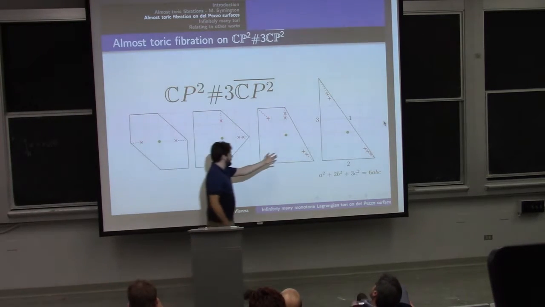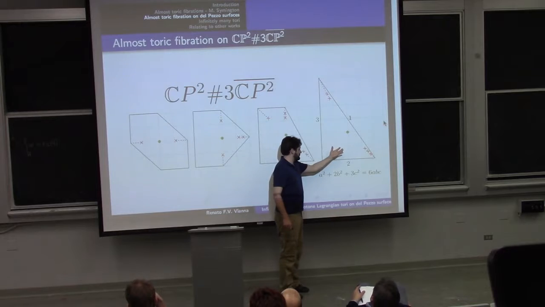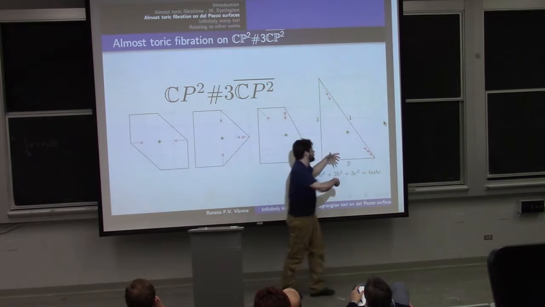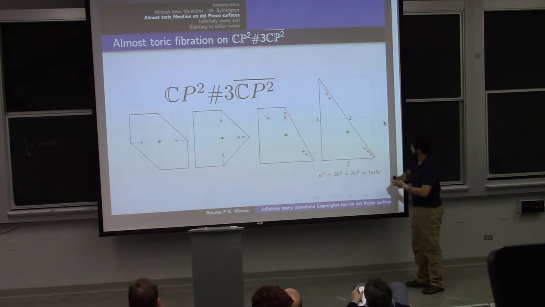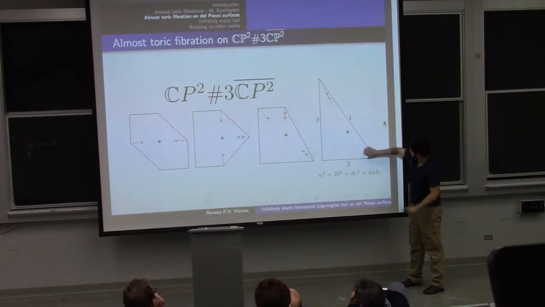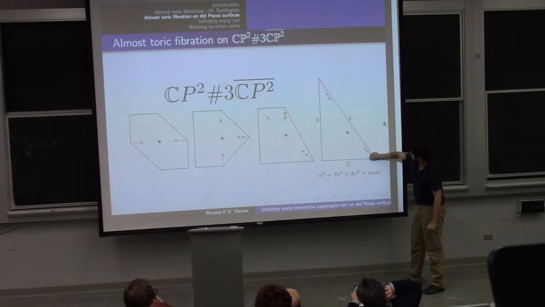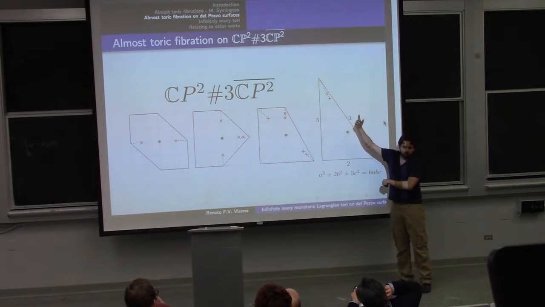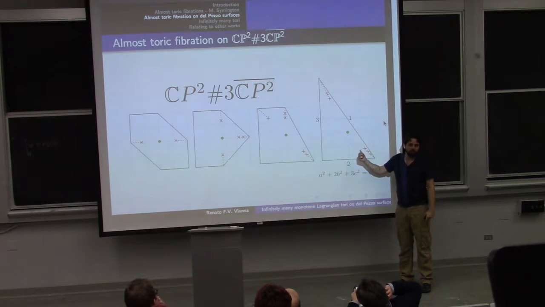here I don't see a complex structure in any way. I can see some sort of a limit of the complex structure, but I don't see a complex structure. But it seems that if I think that I'm degenerating these nodes all the way to the corner, they correspond to some algebraic degeneration of this Del Pezzo surface to the corresponding weighted projective space.